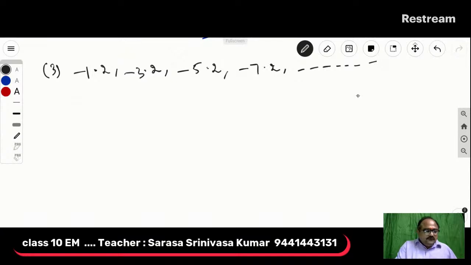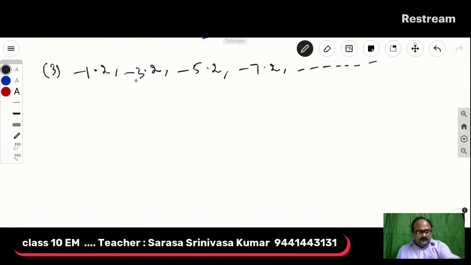Now we should verify whether the given problem is in arithmetic progression or not. To verify this, we should verify whether there is common difference d. So first we write T1, T2, T3, T4.